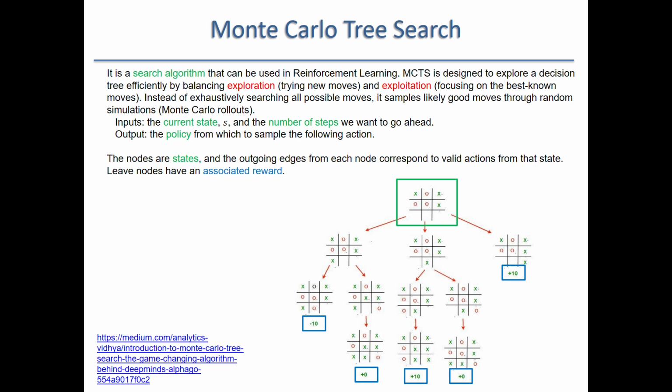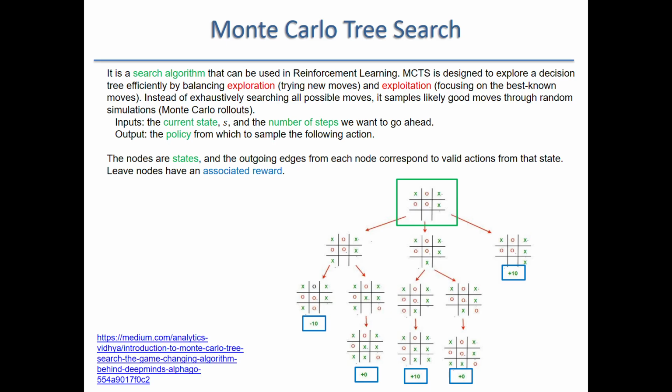Given the current state and a number of steps that we want to go ahead, the output will be, given this state, what is the best policy that we can follow.